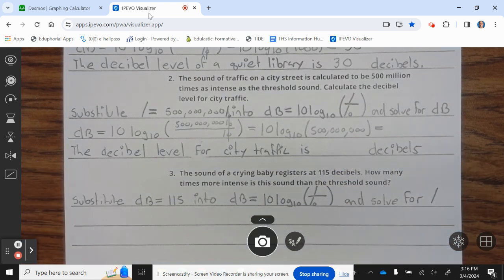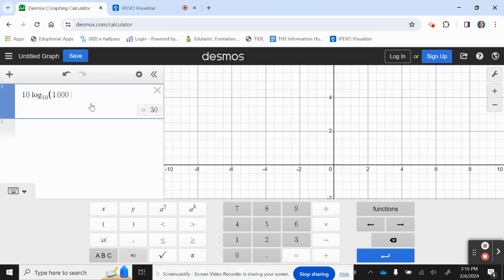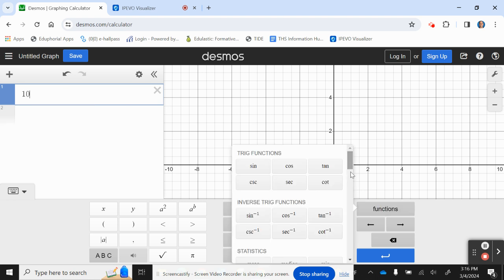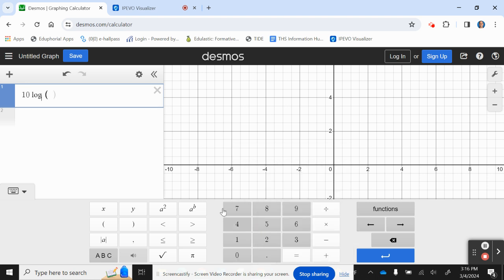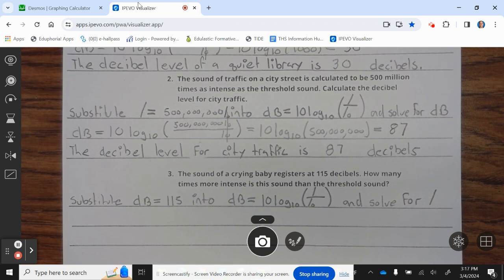Let's go ahead and plug that into Desmos, which let's round to a whole number, so 87. So the decibel level for city traffic is 87 decibels. All right, go ahead and finish up number 2.